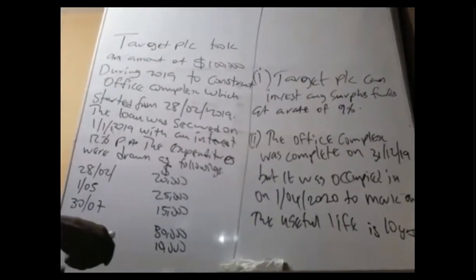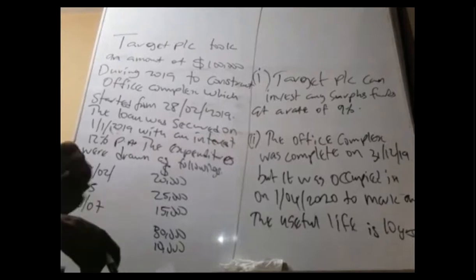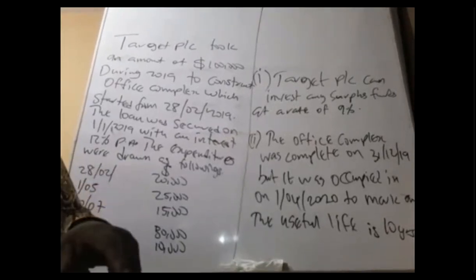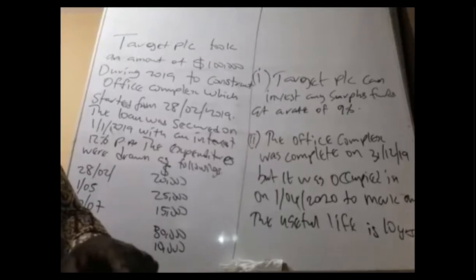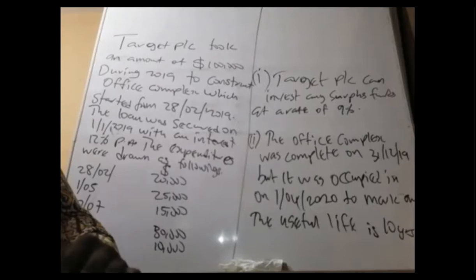Okay. Now let's do the requirement. Required: A. Calculate the borrowing cost eligible for capitalization. That's the first requirement. B. Calculate the carrying amount of the asset immediately after construction, or immediately after completion.